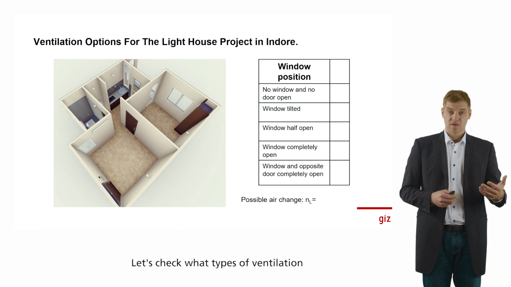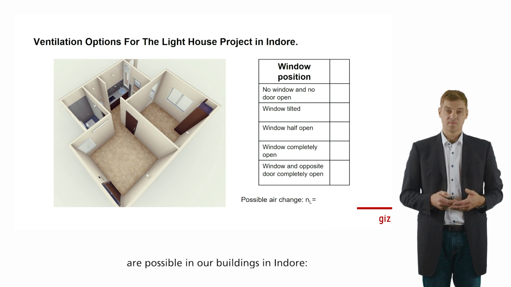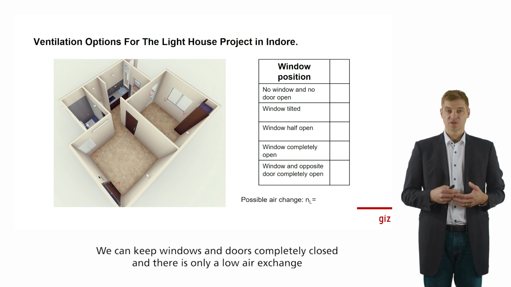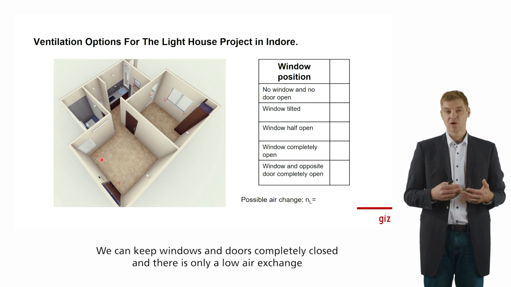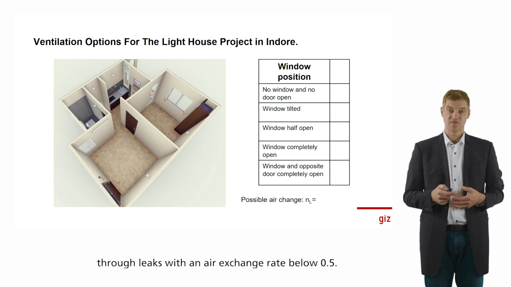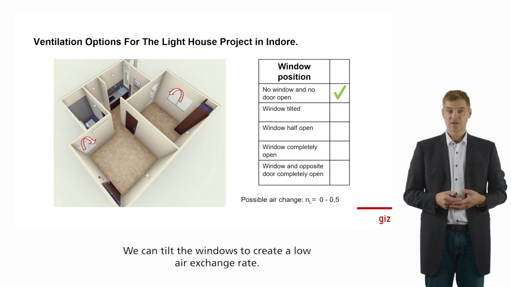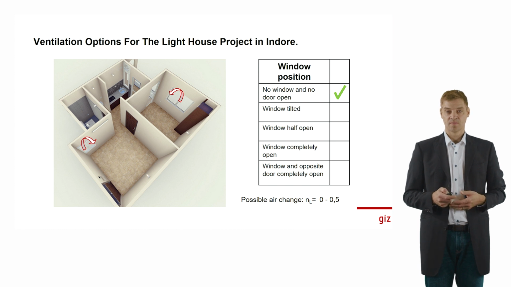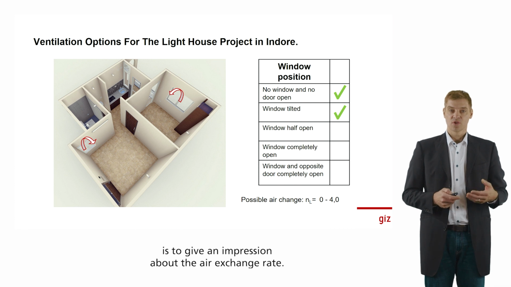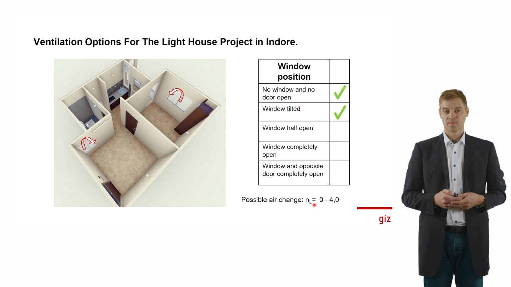Let's check what types of ventilation are possible in the building in INDORE. We can keep windows and doors completely closed and there is only a low air exchange through leaks, with an air exchange rate below 0.5. We can tilt the windows to create a low air exchange rate. As you can see, the thickness of the arrows gives an impression of the air exchange rate.